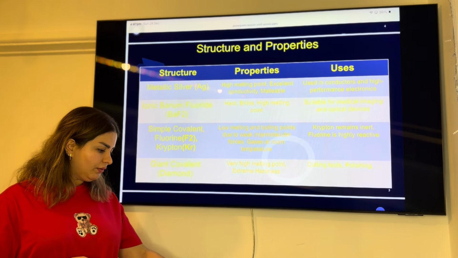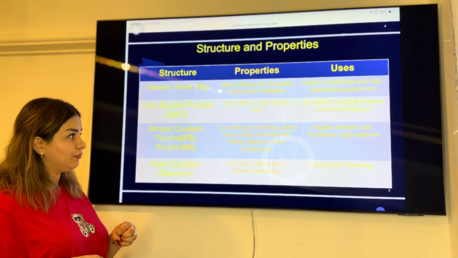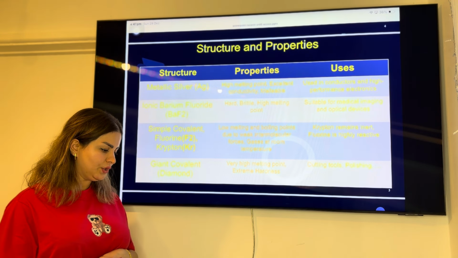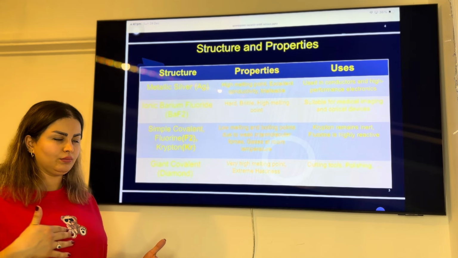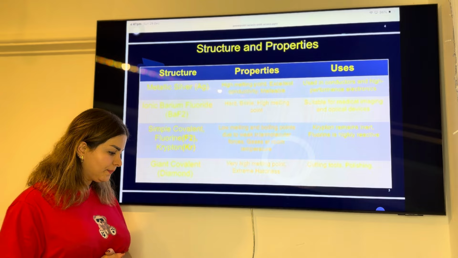Barium fluoride is an ionic solid, so it is hard and brittle and has a high melting point, which helps us to use it in some industries and medical imaging.